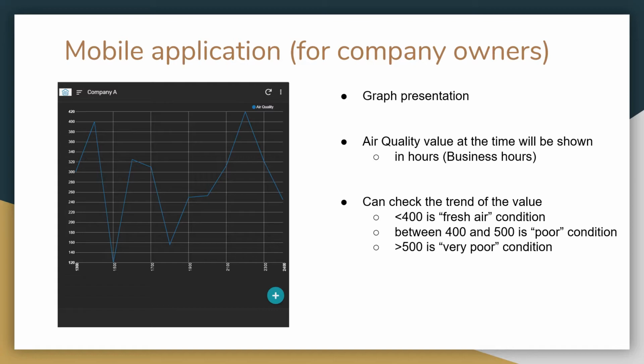For our system, if the data is less than 400, it is fresh air conditions, and obviously for company A, most of the time they are under fresh air conditions. Between 400 and 500 is a poor condition, and larger than 500 is a very poor condition as well.